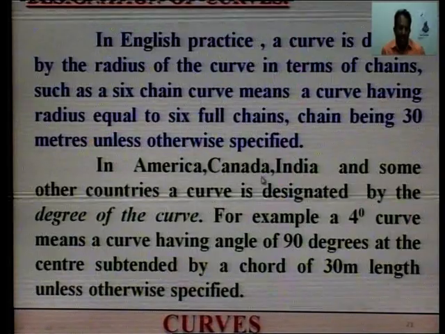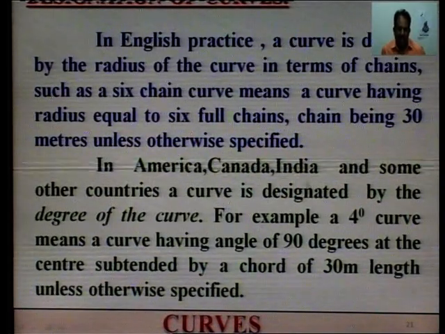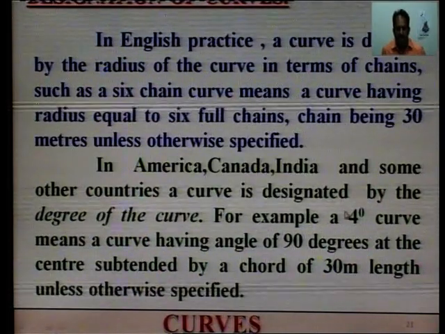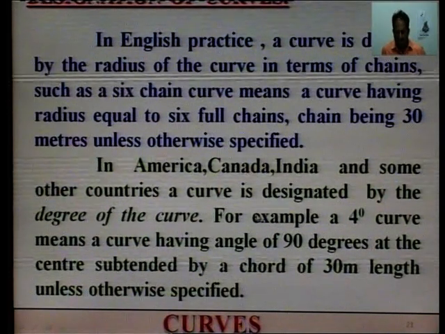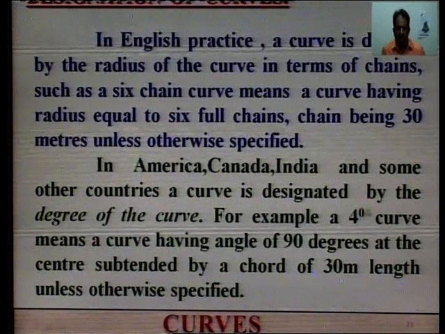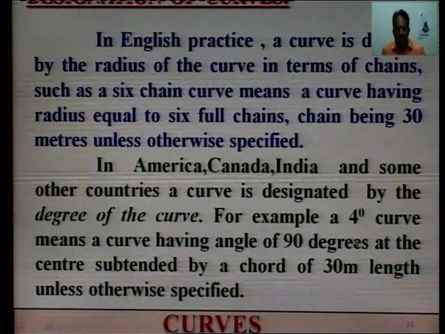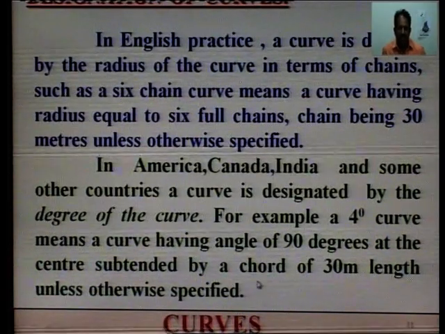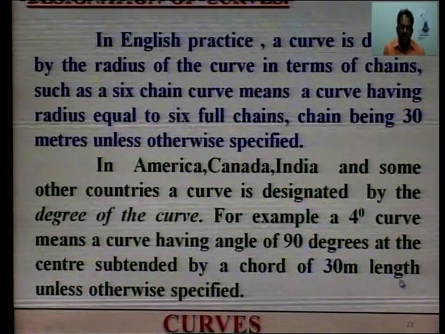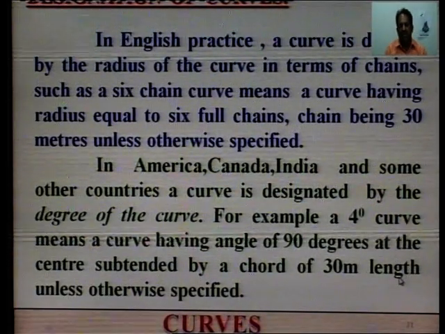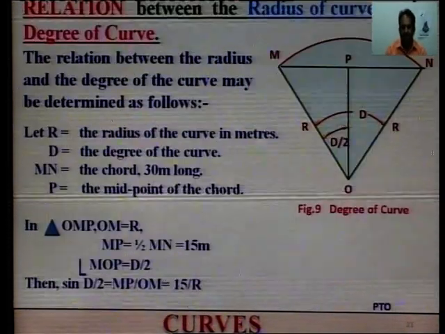In America, Canada, India and some other countries, a curve is generally designated by the degree of the curve. For example, a 4-degree curve means a curve having an angle of 4 degrees at the center subtended by a chord of 30 meter length unless otherwise specified. So, this is how we designate the curve.